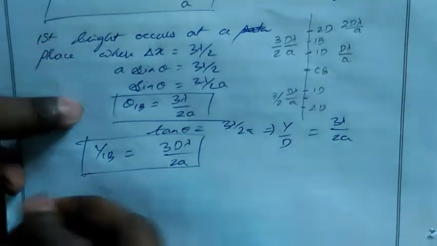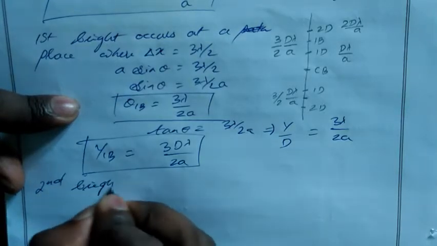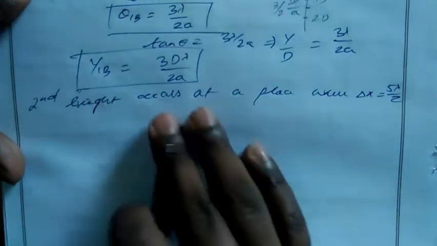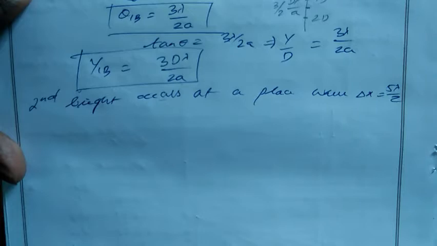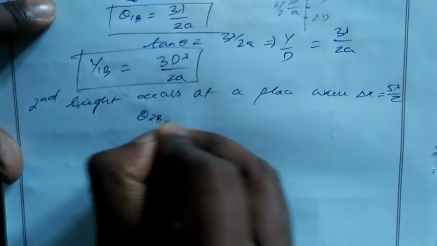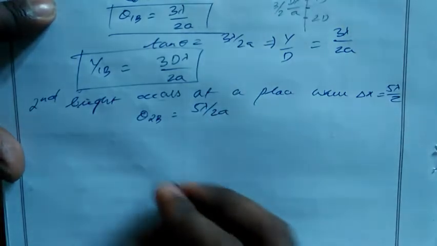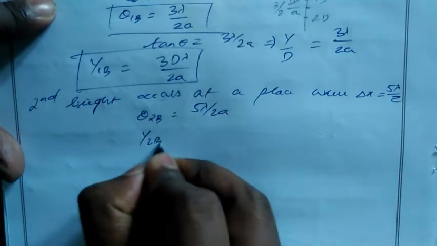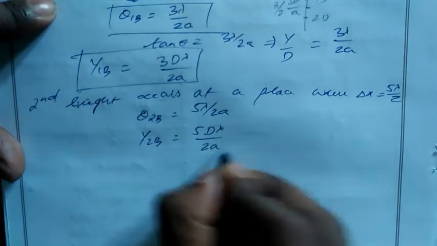Then the second bright occurs at a place where the path difference is 5 lambda by 2. Next value, 5 lambda by 2. So here we can also write theta 2b will be 5 lambda by 2a. Then y2b will be 5 d lambda by 2a.